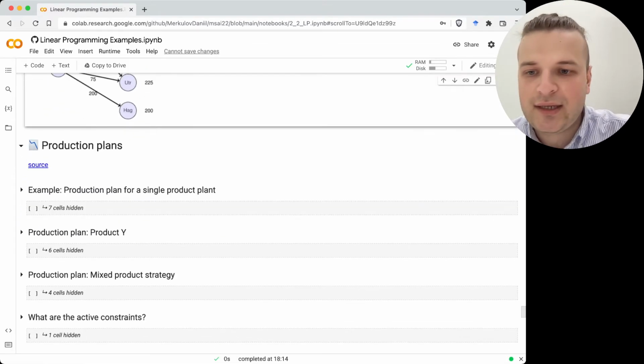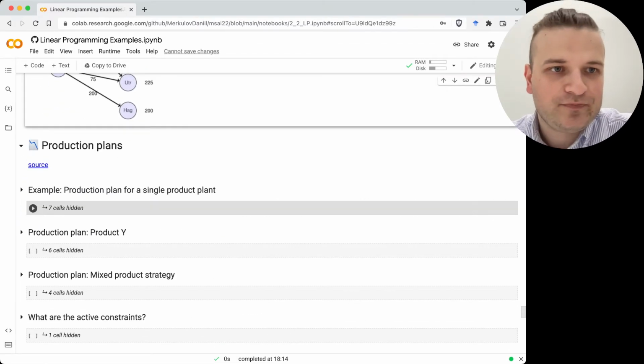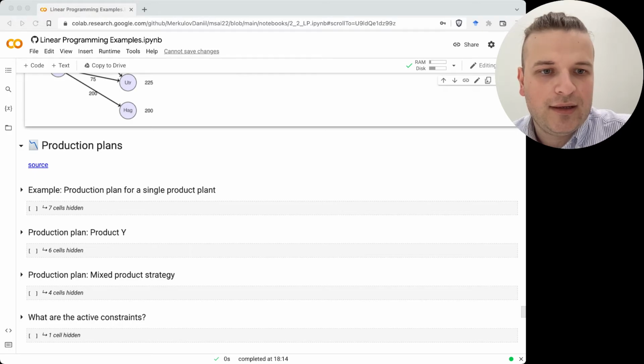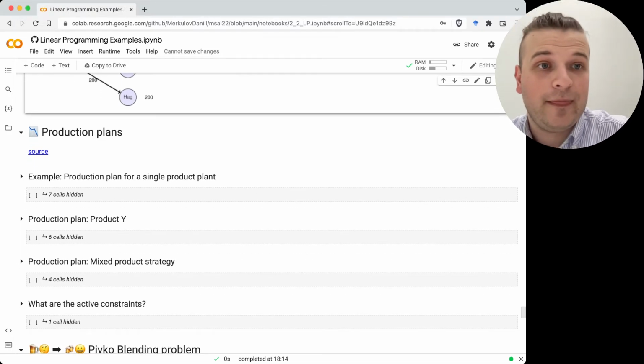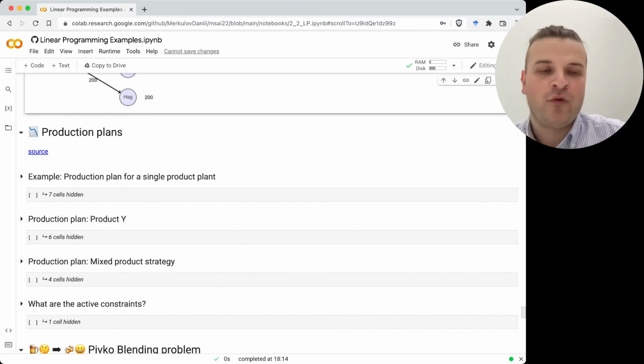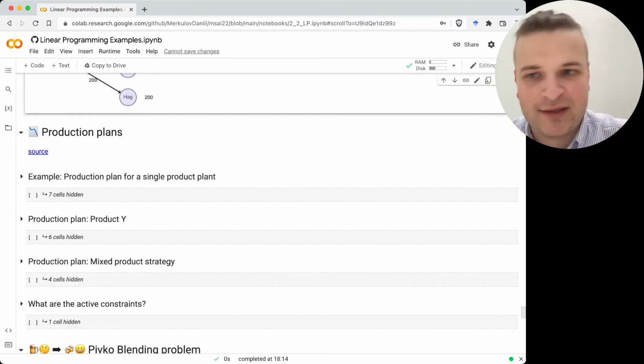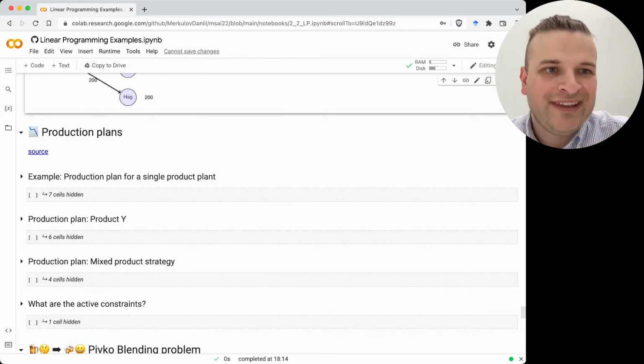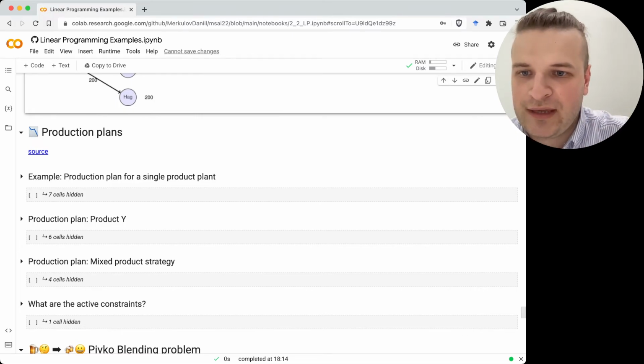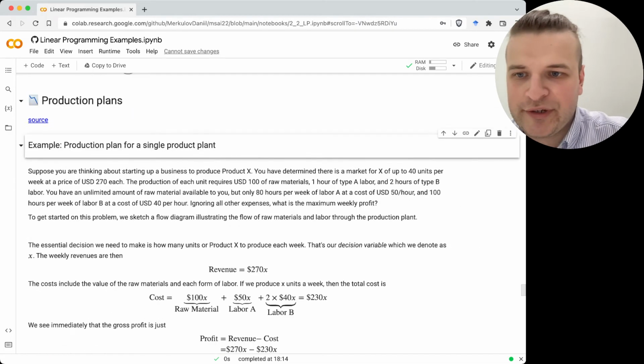And finally, we'll consider an example of production plans, which initially were the problems that inspired the rapid development of linear programming and corresponding algorithms.